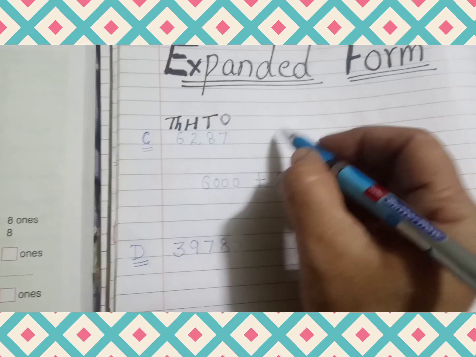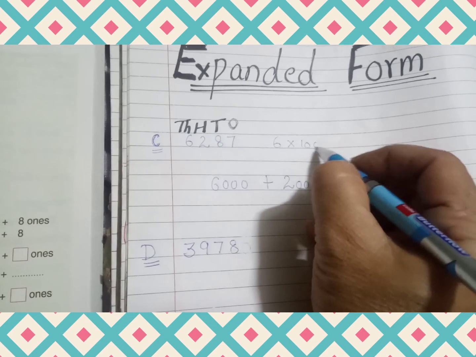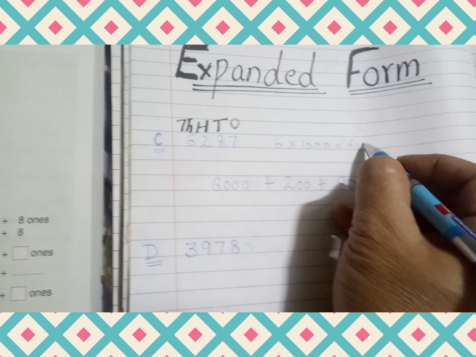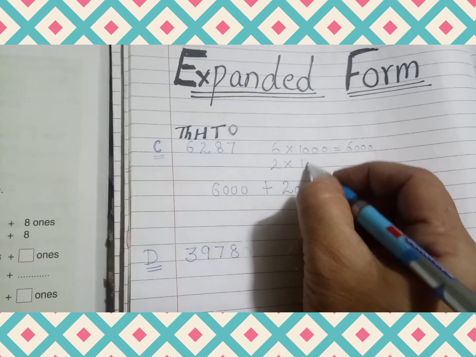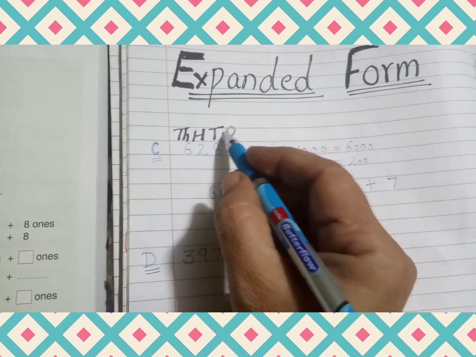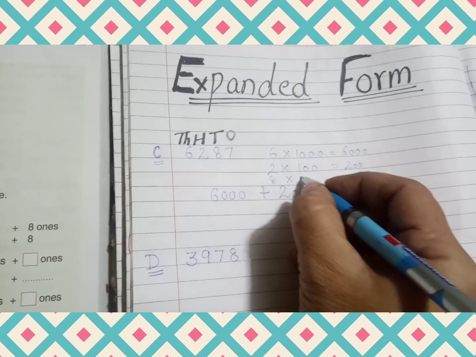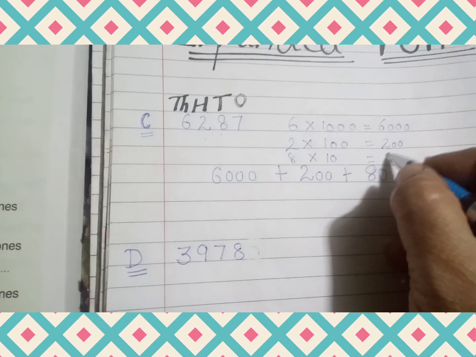6's place value is 1000. 6 multiplied by 1000 is 6000. 2 is at the 100's place, 2 multiplied by 100 is 200. And 8 is at the 10's place, 8 tens are 80.